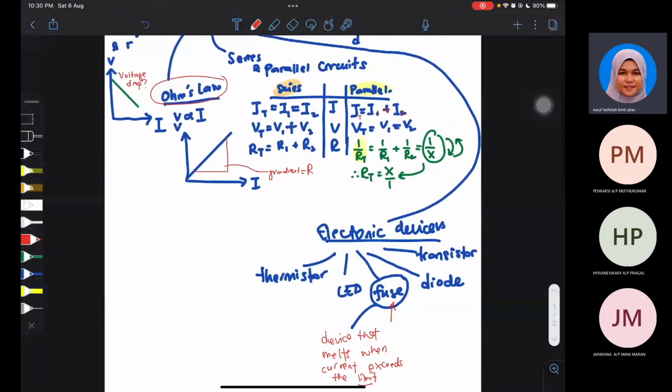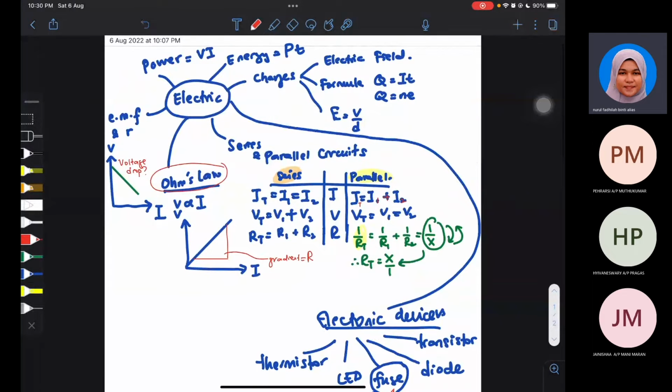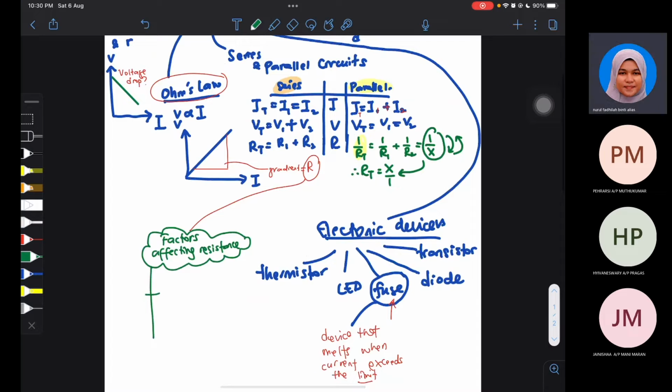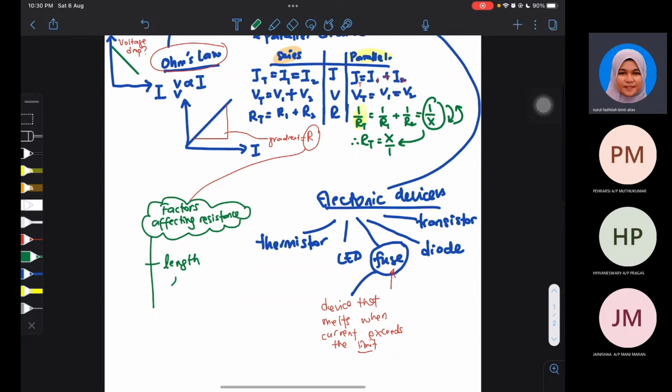So topik elektrik you kena tahu tentang resistance. Factors affecting resistance. What are they? Length of conductor. The longer the length, the higher the resistance.